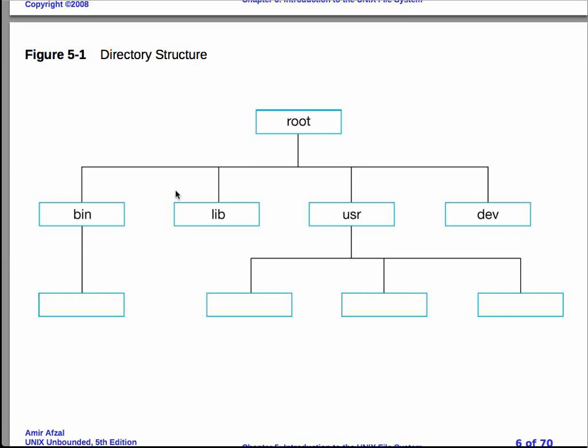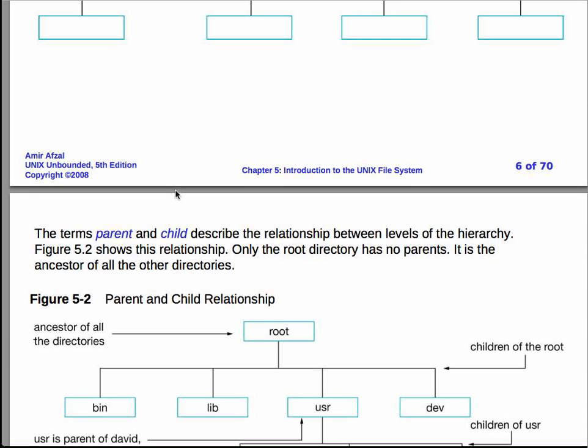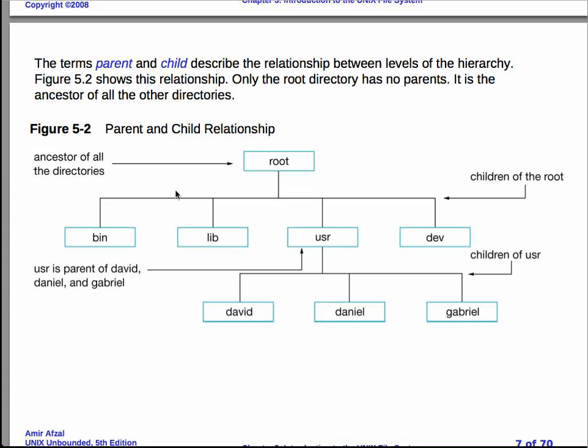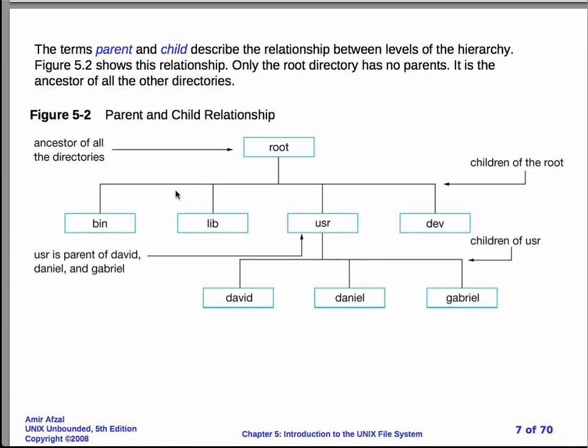Most file systems have this structure. It just works, and it's found to be one of the best ways of organizing files. Okay, so we will use the terms parent and child. For example, the root is the parent of all of these directories. So bin is considered the child of root, and so is lib.